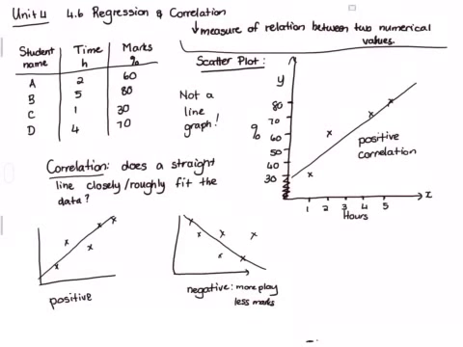So then the x-axis will be the number of hours that I played, and then the y-axis would be the marks. So if I played a lot of hours instead of studying, I got less marks. That's a negative correlation.